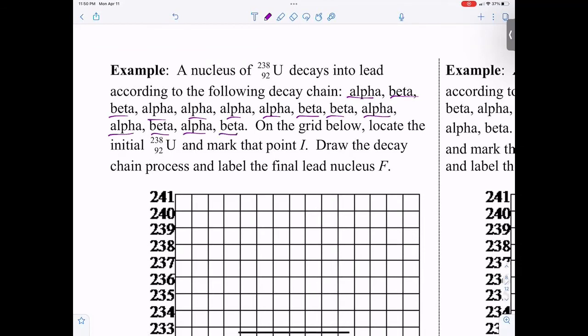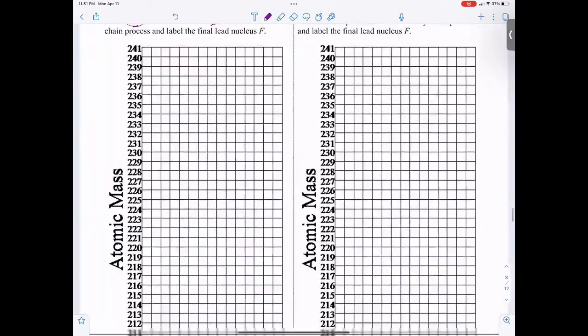And we're going to mark where we're starting from, and show how the decay would happen. Point I is going to be the initial value, uranium-238, 92. So I go to the grid.